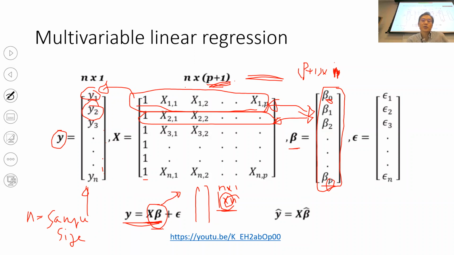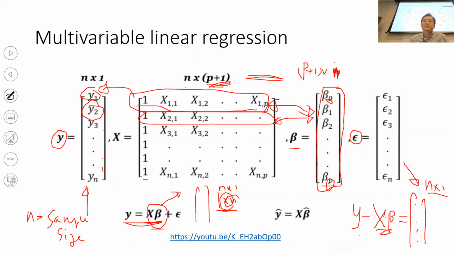So the difference between y minus X times beta is another vector of n by 1. This n by 1 vector is the difference between observed and your predicted by your model. So that's the error, basically. Does that make sense?